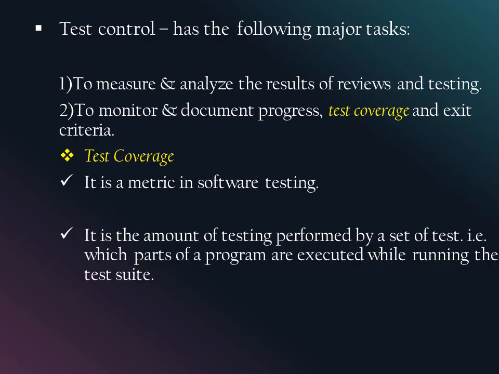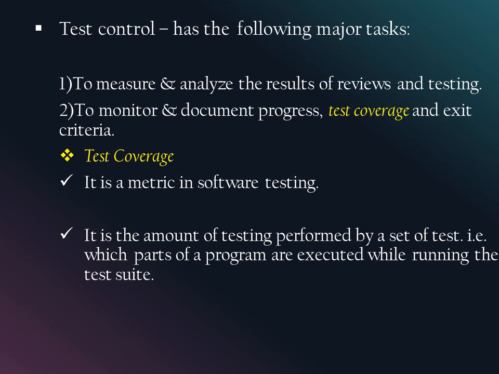Next is test control. It also has 5 important tasks. First one, to measure and analyze the results of reviews and testing. Second one, to monitor and document progress, that is test progress, test coverage and exit criteria. Everything should be monitored and documented properly.